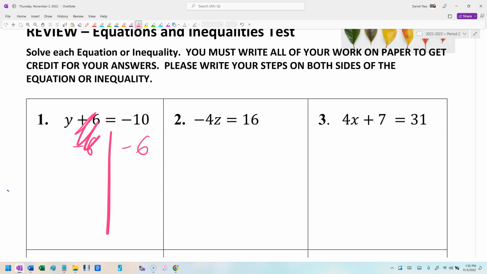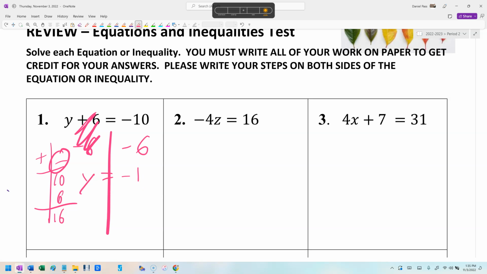So what does that make? You have to do good guys, bad guys, and you put both 10 and 6 on the negative side, so bad guys 1, and you get negative 16. So that means y equals negative 16. Yes, negative 16.